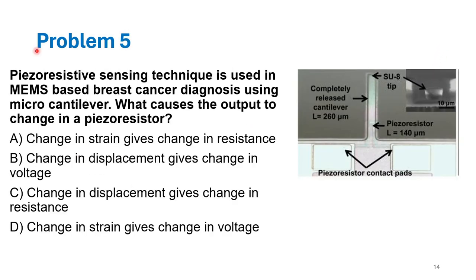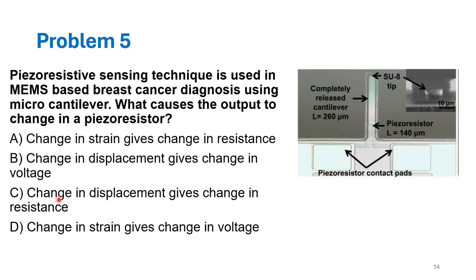Piezoresistive sensing technique is used in MEMS-based breast cancer diagnosis using microcantilever. What causes the output to change in a piezoresistor? Option A, change in strain gives change in resistance. Option B, change in displacement gives change in voltage.